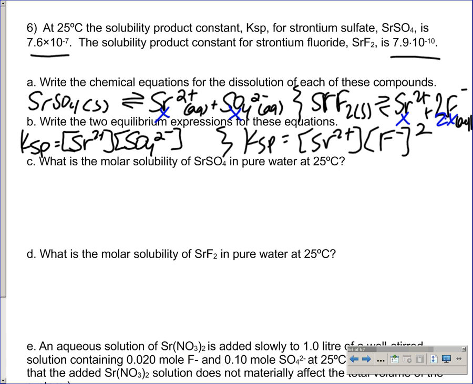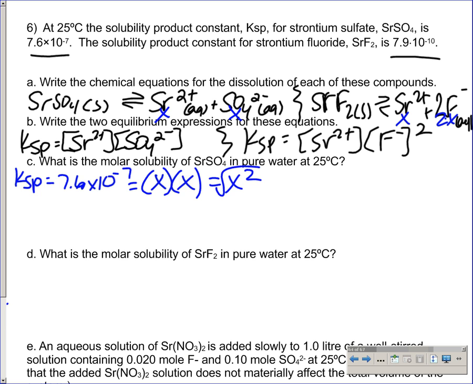Okay. So KSP for SrSO4 was 7.6 times 10 to the negative 7th, equal to this times this. So what are we actually putting in here? X times X. So we're doing X for the Sr2+ and then X for the SO4 2-, which is just X squared.